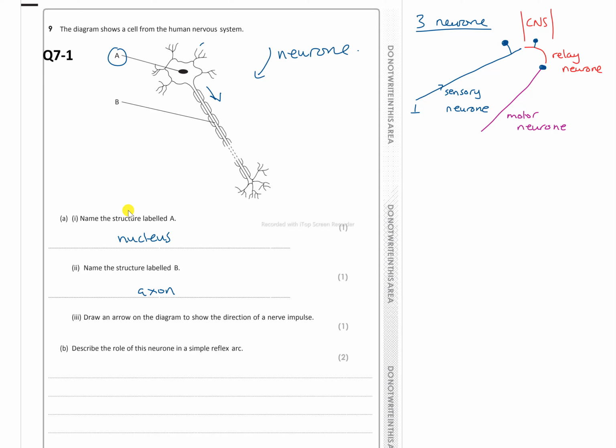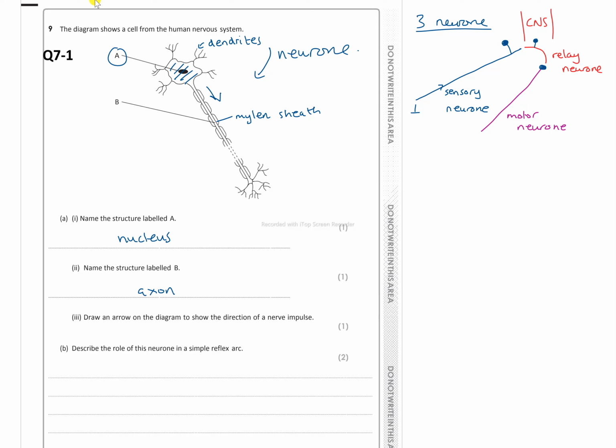So these here will be dendrites. That's the nucleus body, the cell body, and these are axons. And this cover is the myelin sheath. I think, yeah, that should cover it.